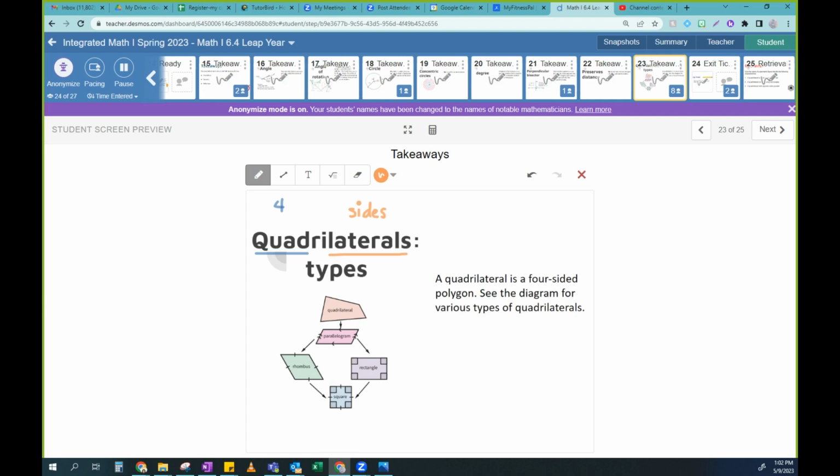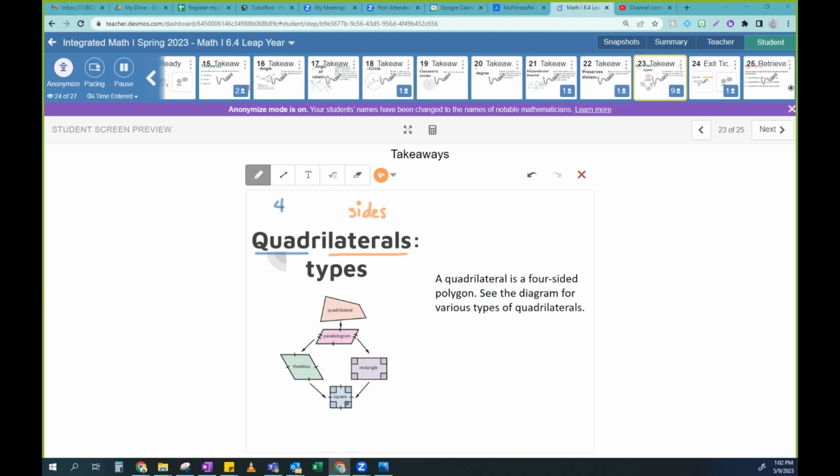They are both parallelograms. Is that true? Are both a rhombus and a square a parallelogram? Yes, that is true. This goes down this way, and goes down this way. Someone said a square can be a rhombus.